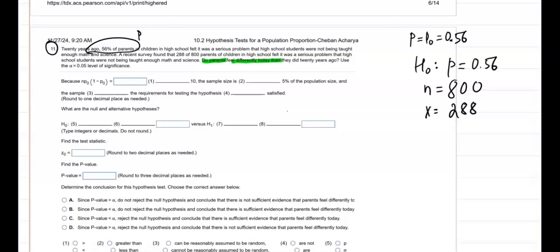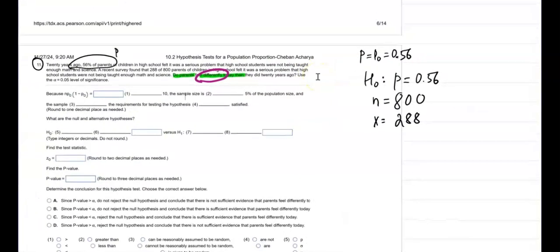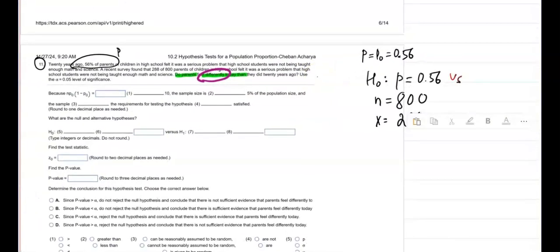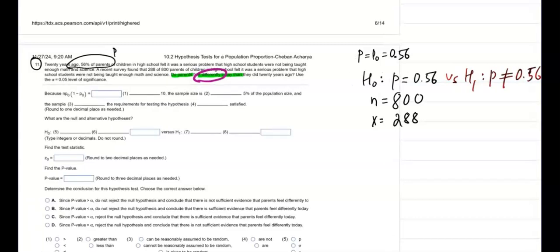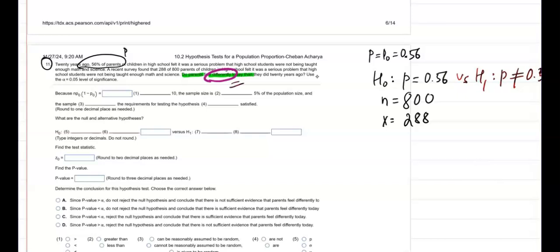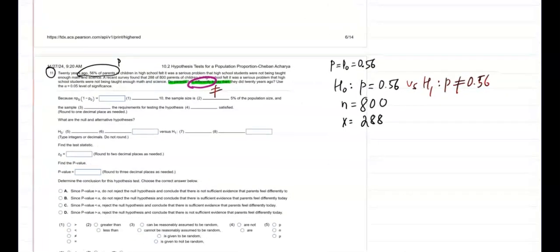Here, differently means it's not greater than, it's not less than, it has to be not equal to. So when you write the alternative hypothesis, H0 versus H1: p not equal to 0.56, because differently means not equal to. That's why I use not equal to in the alternative hypothesis.